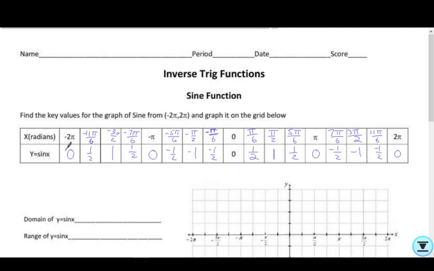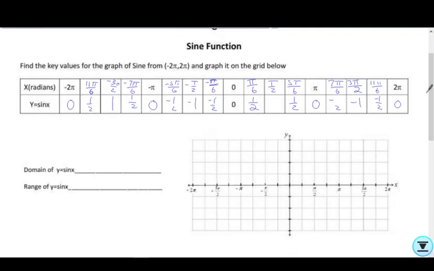So at this point, let's look at what we have going on. What is the domain of y equals sine x right here? Well, the domain are my x values. So technically, sine goes from negative infinity to positive infinity. But what we've graphed right here, our domain is from negative 2 pi to positive 2 pi.